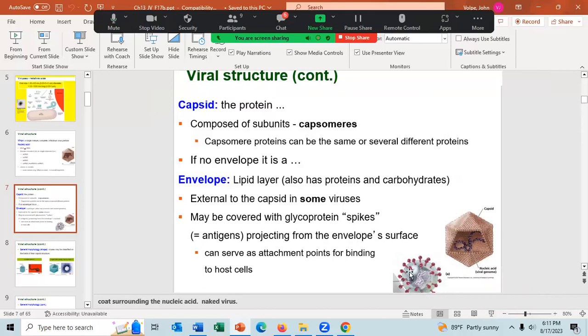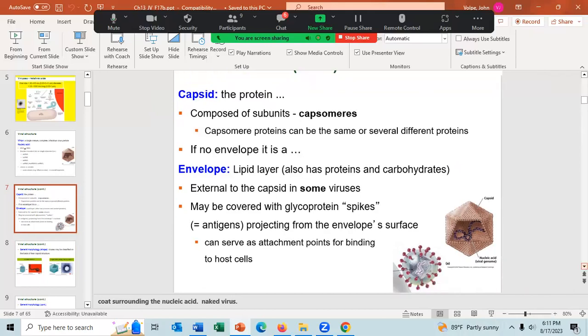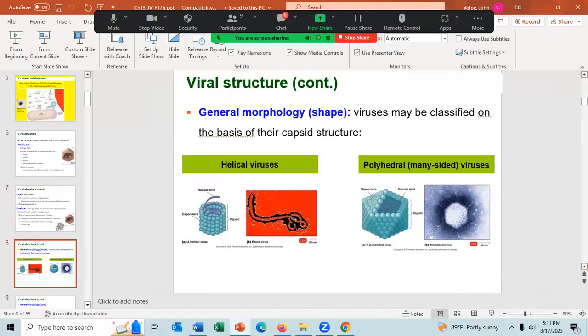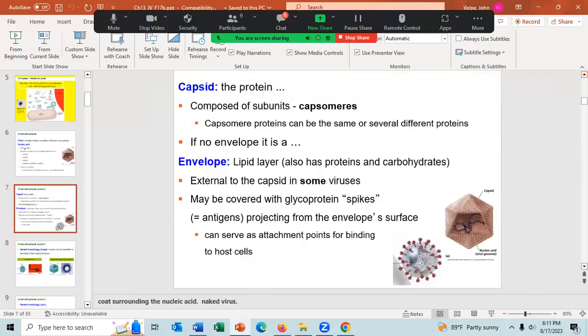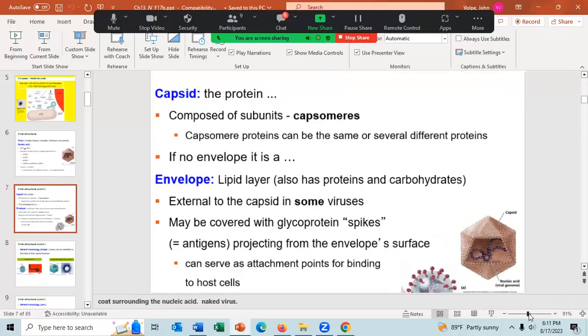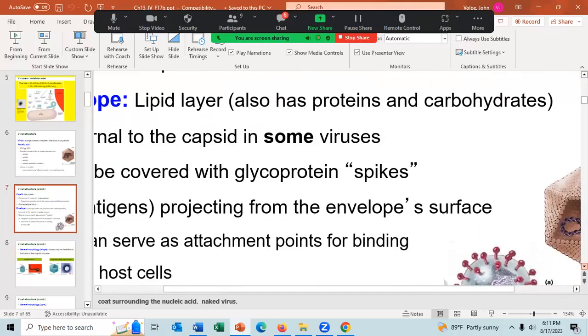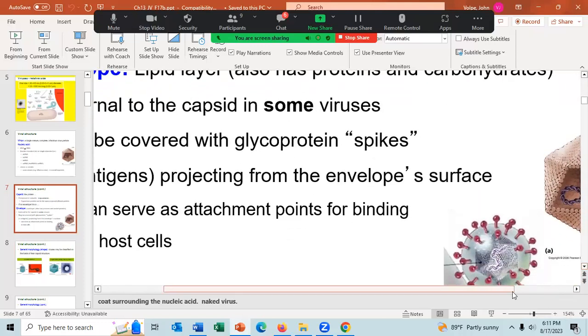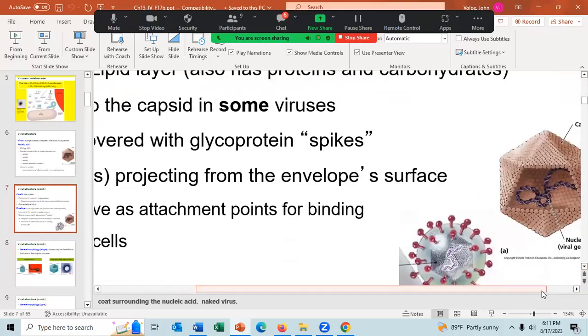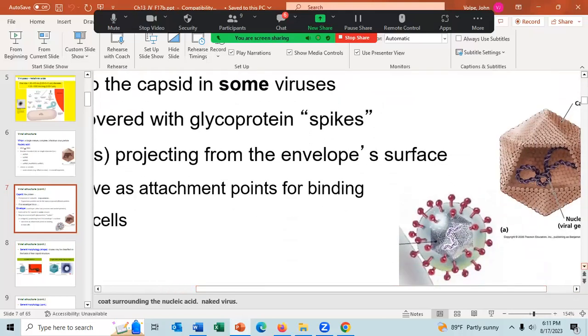So these reddish purple things that are protruding out of this virus are the spikes. The spikes are the outermost portion of this virus.